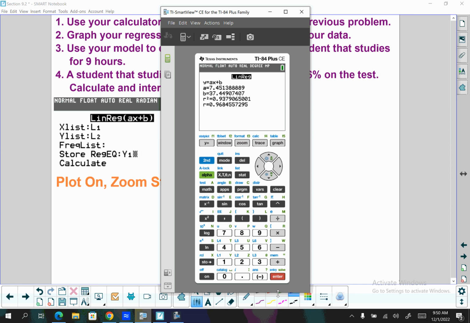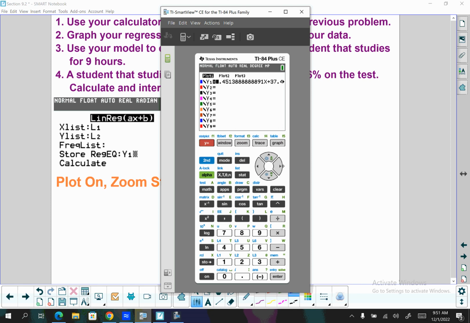Okay, now if we want to see the picture, hit y equals, and we want to graph this superimposed on our scatter plot, so we need to graph the scatter plot. Your plot needs to be on. Mine is on because it's highlighted. If your plot is not on, go up to plot, hit enter, go back down. And then we want our calculator to zoom in on specifically our data, not just like a normal 10 by 10 window.